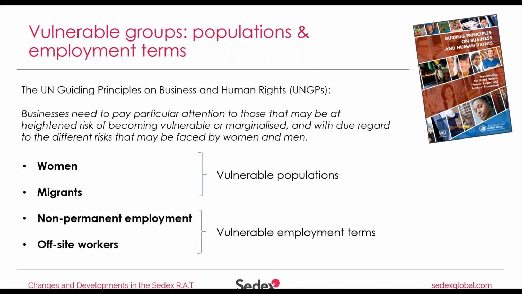So, why is this important? Well, it's because we find that these groups are disproportionately exposed to workplace-based risks. So it can be a really useful form of information when you're thinking about what next steps you might take in terms of reducing risk in your supply chain and managing risk. So we're just going to talk a very little bit about the way that these groups are differently exposed to risk.